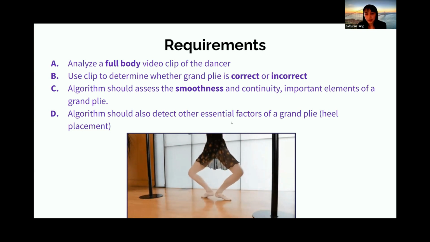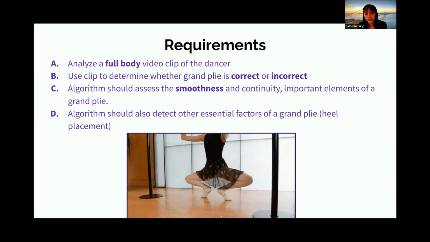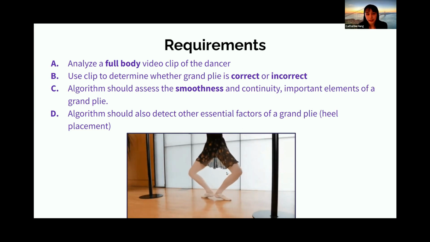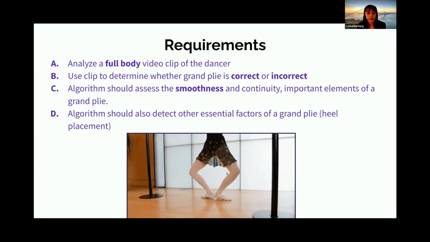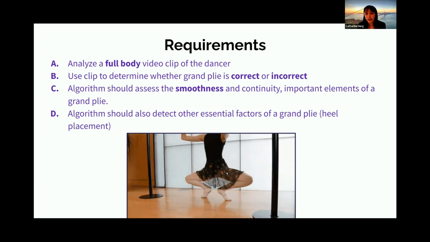We don't want the dancer to have any abrupt movements, and a lot of dancers, when they make a mistake, stay at the bottom over here for too long. And we also want the algorithm to detect other essential factors where dancers can possibly do incorrectly, such as the heel placement, whether or not they are leaning forward or backward, and other stuff.